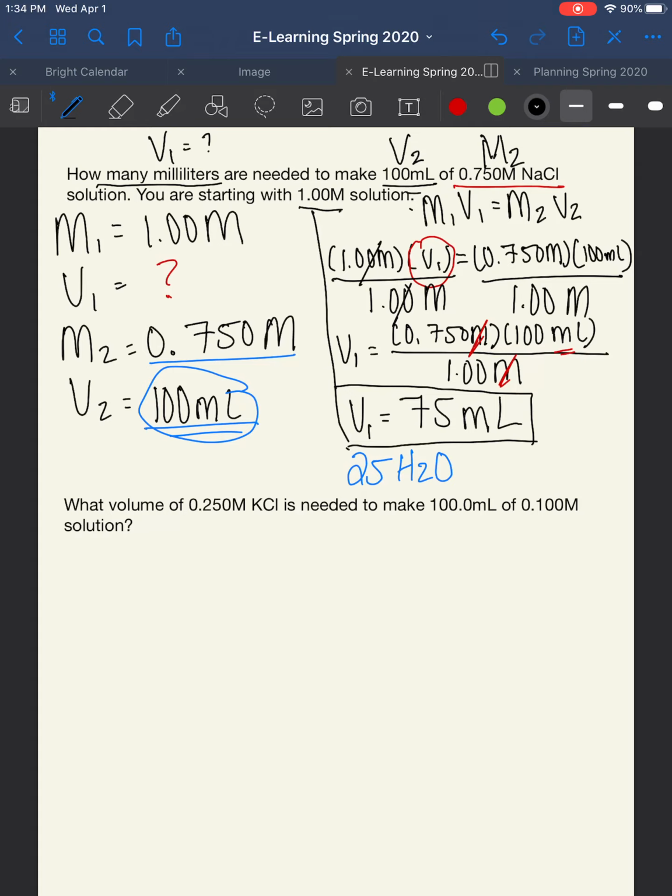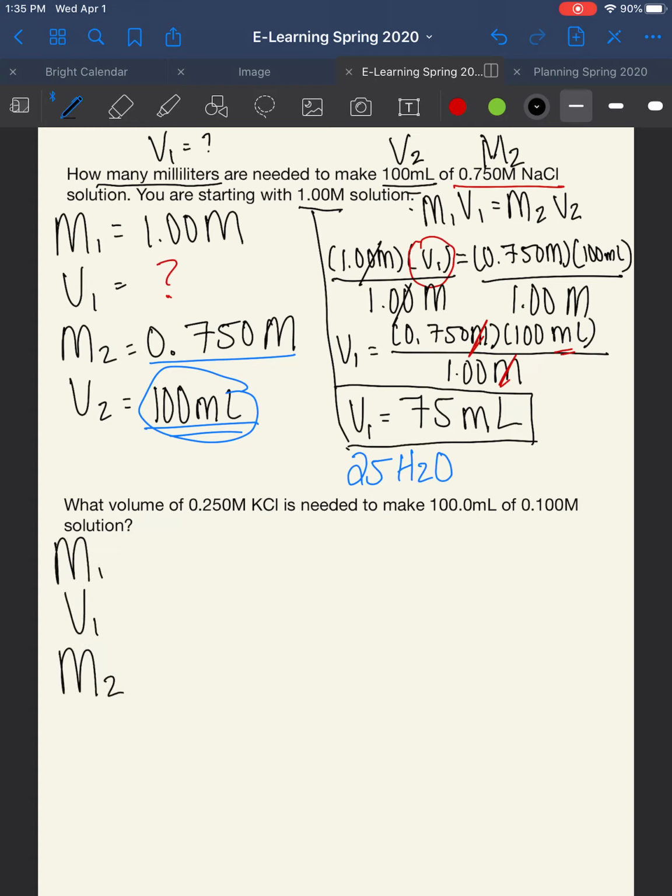The second example says, what volume of 0.25 molar KCl is needed to make 100 mLs of 0.1 molar solution? Again, I'm going to start by writing my variables going down.